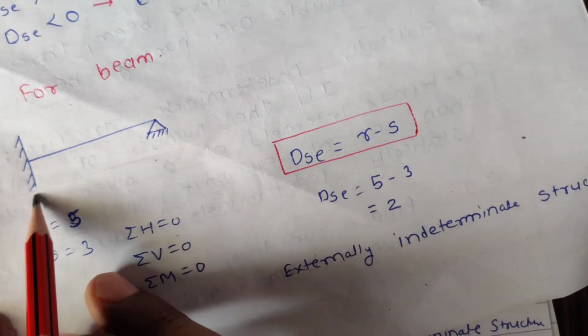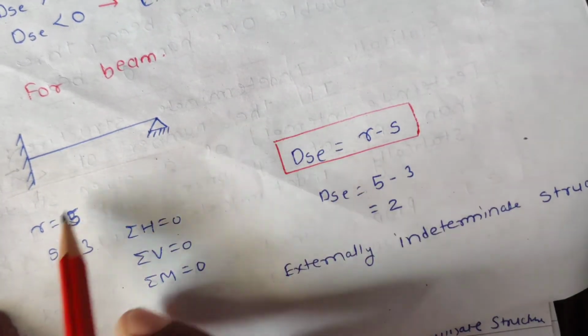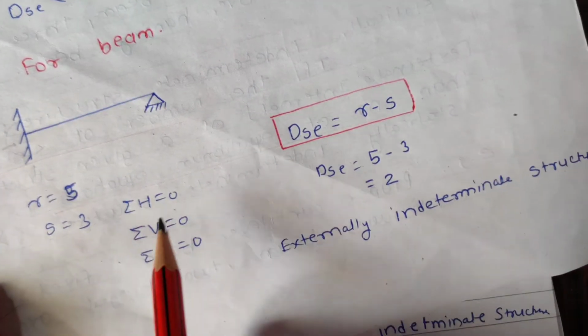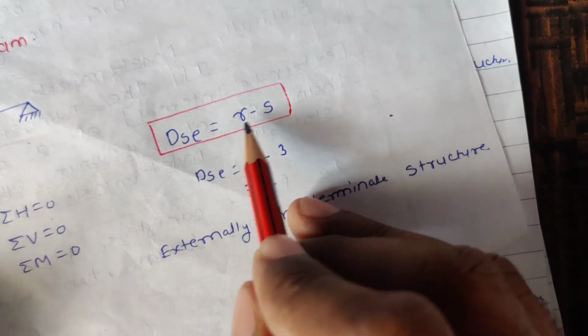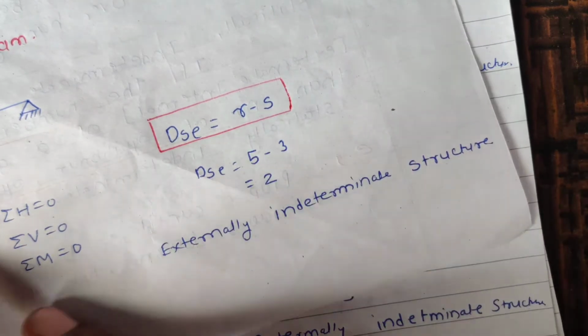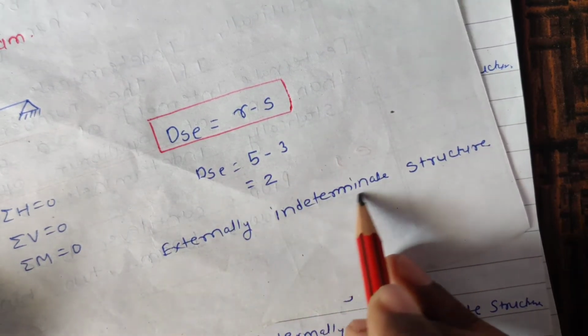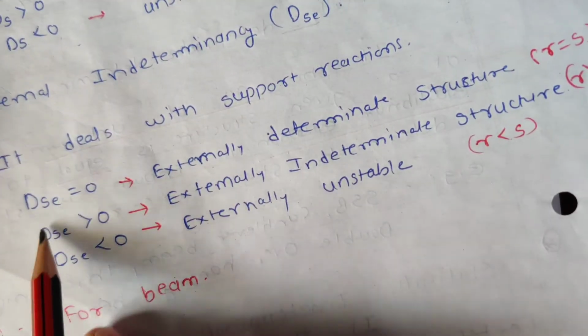R is equal to 5 for this: 1, 2, and moment 3, and for this 1, 2. S is equal to 3 for a beam when there is general load H, V, M. So this is 5 minus 3 is equal to 2. If the value is greater than 0, then it is an externally indeterminate structure.